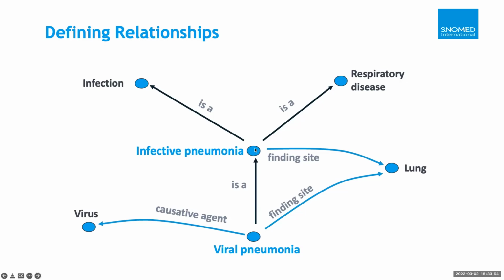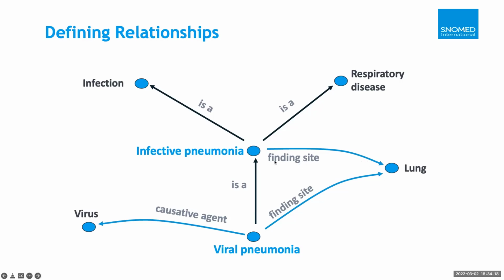Infective pneumonia is a type of infection. And infective pneumonia is also a type of respiratory disease. Infective pneumonia has a finding site of lung. So we can use any of these concepts as an entry point or a predicate for our queries.